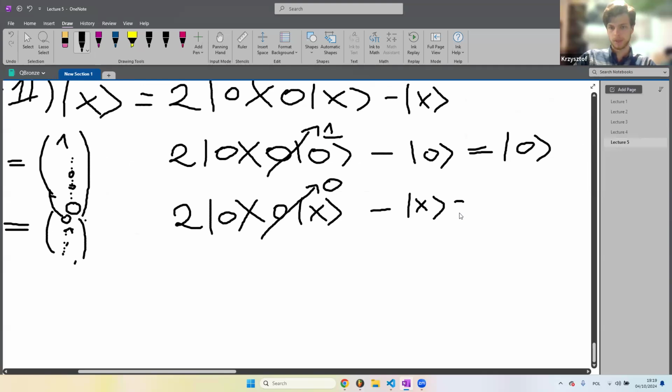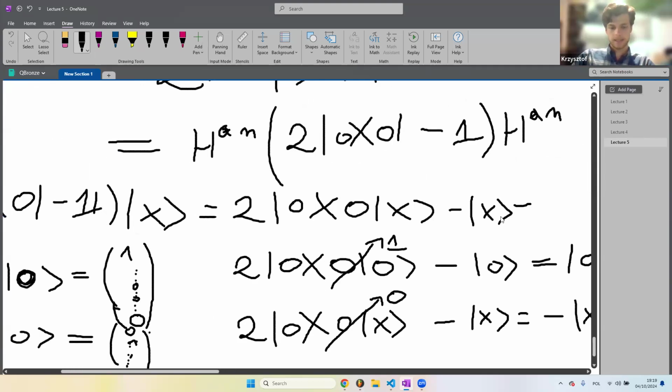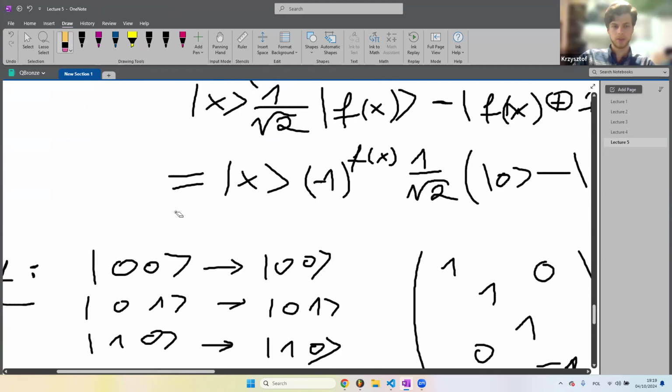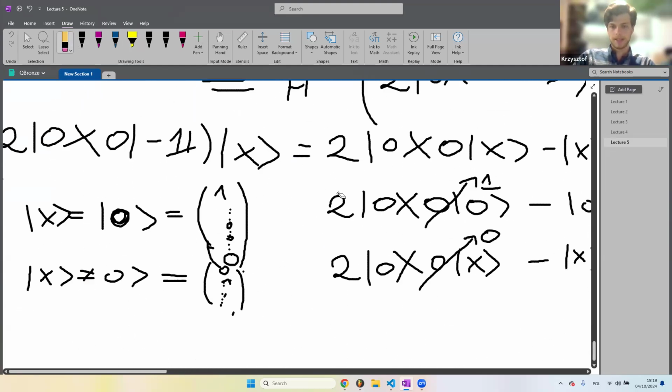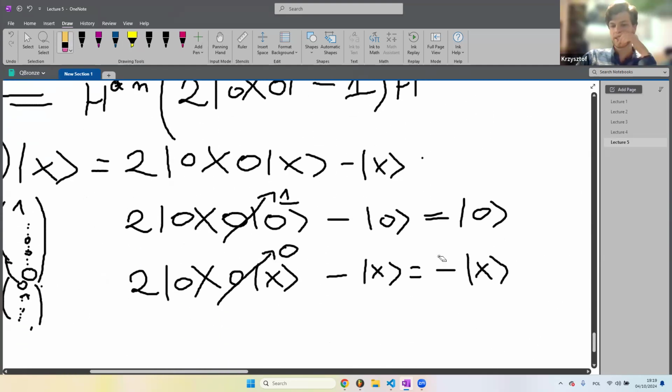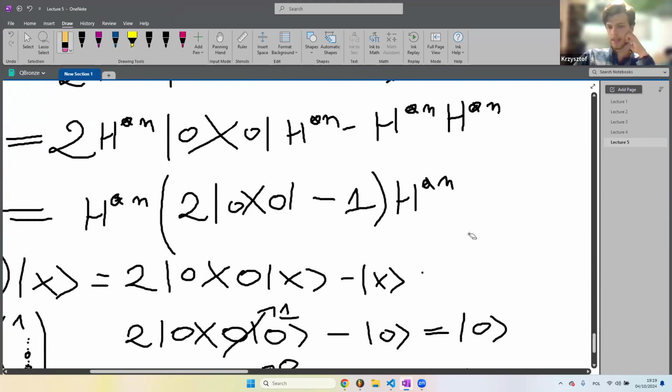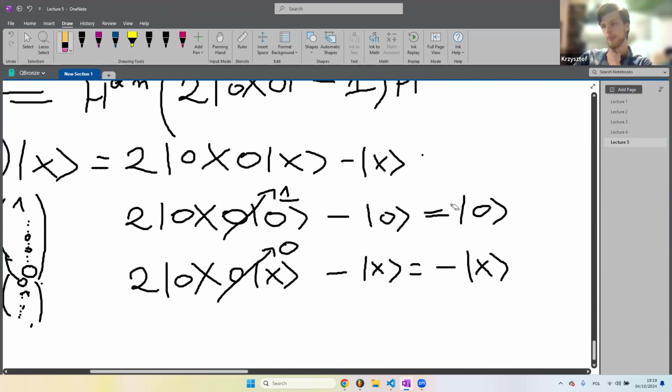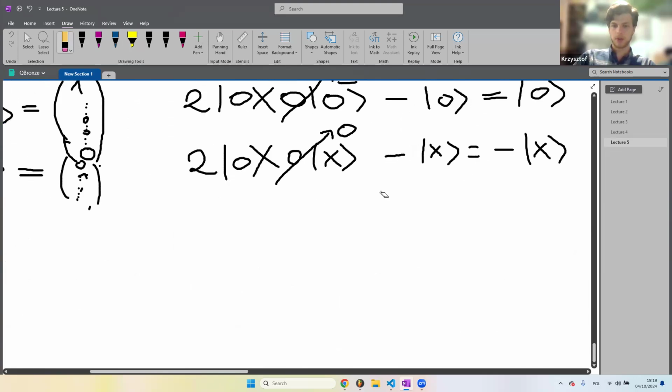So therefore we will get minus x. So you can see that quite similarly to the UF operator, this also changes the sign of x if it's not 0. And the question is how to do it.